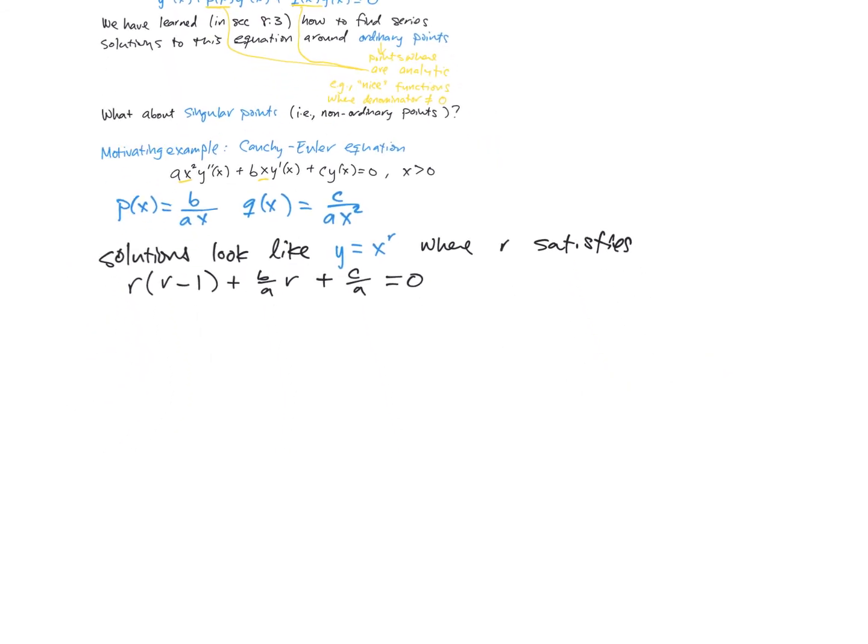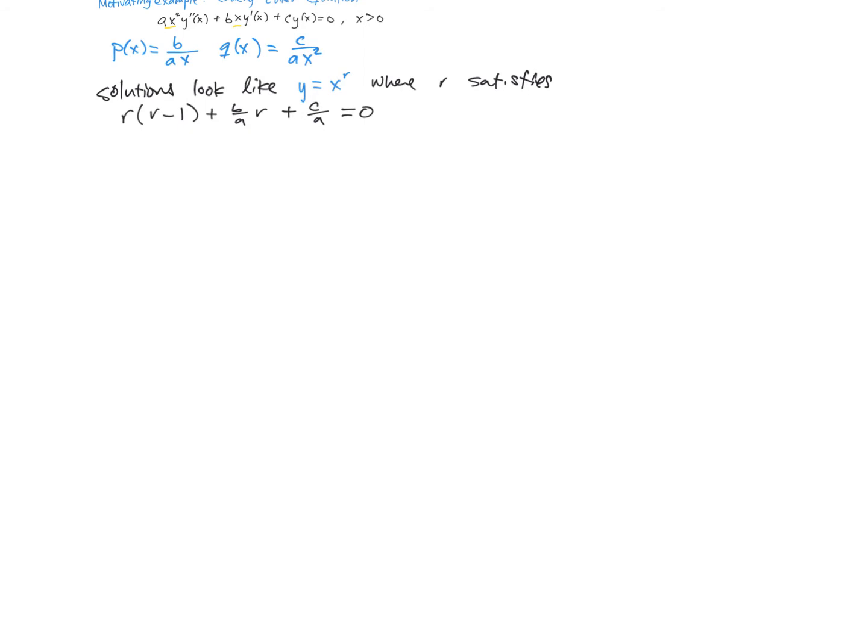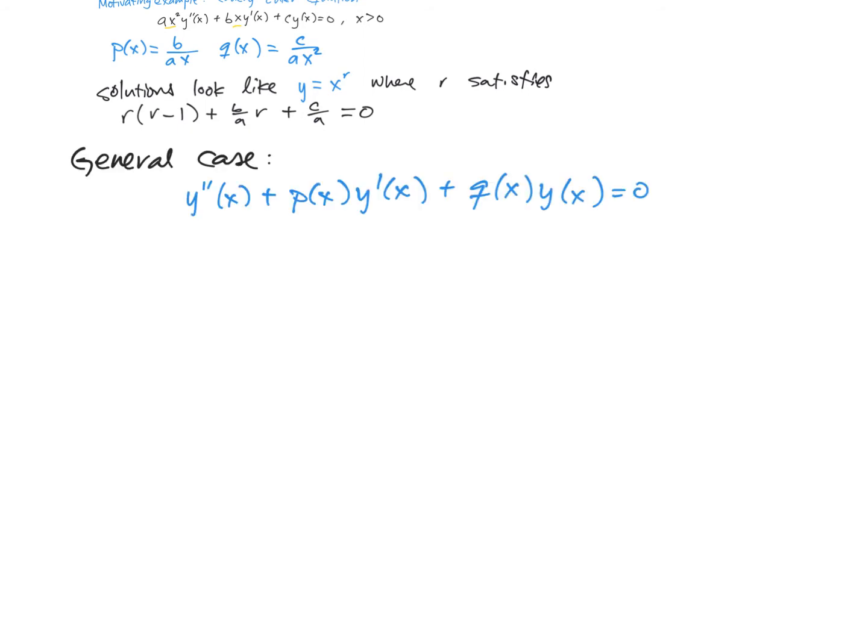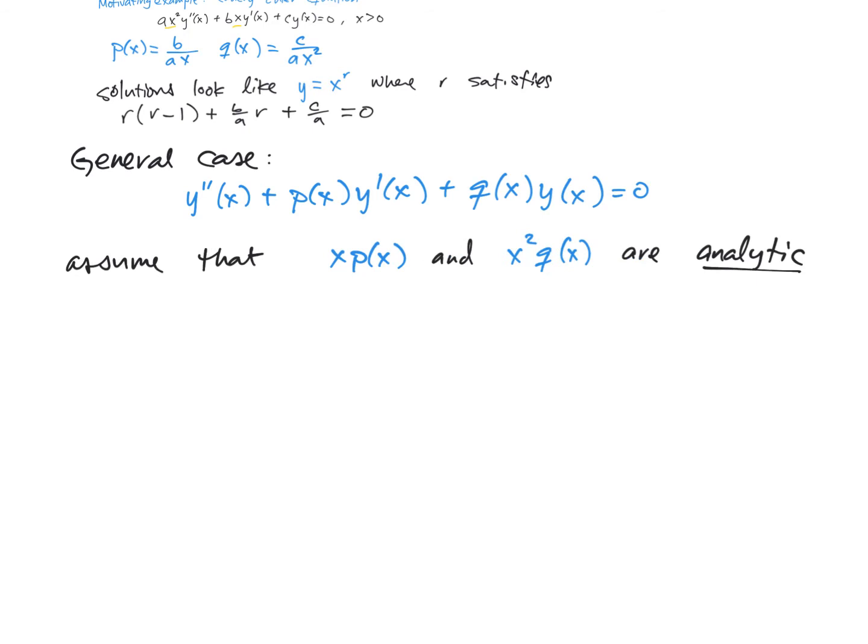So let's be a little bit more specific about this. So this is our equation again, where we'll now assume that x times p of x and x squared times q of x are analytic functions. So in the Cauchy-Euler case, we assumed that these quantities x p of x and x squared q of x were constant.